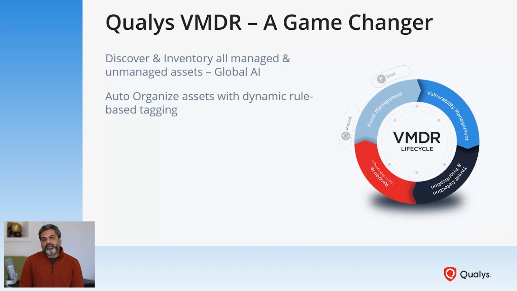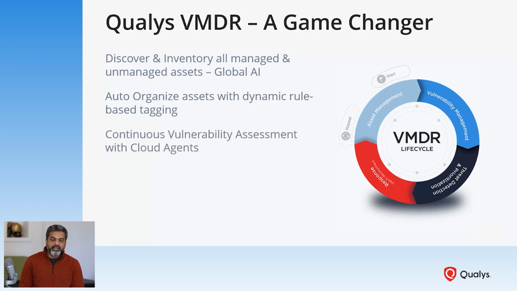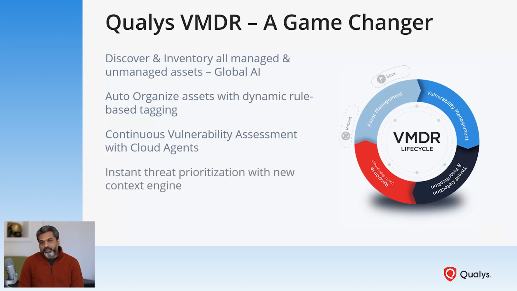And so our dynamic rule-based tagging that is included as part of VMDR does a job of using rules that can be created to automatically keep these assets organized by tagging them as information is coming in and changing on them. Of course, with the agents, there is the ability to do a continuous assessment of vulnerabilities and configurations. So you're not just reliant on scan-based approach, which is a periodic approach. So that is included as part of VMDR.